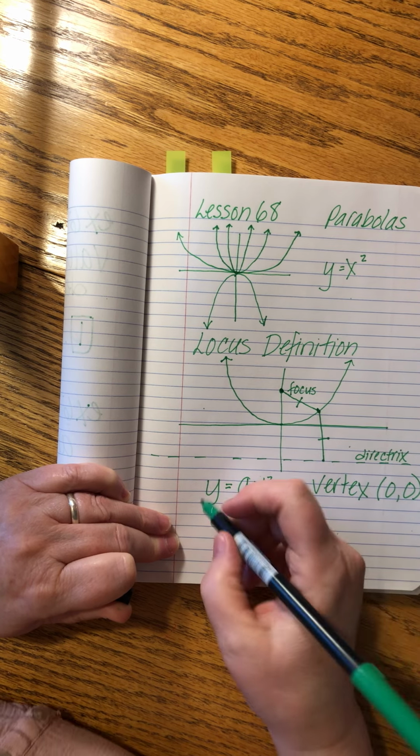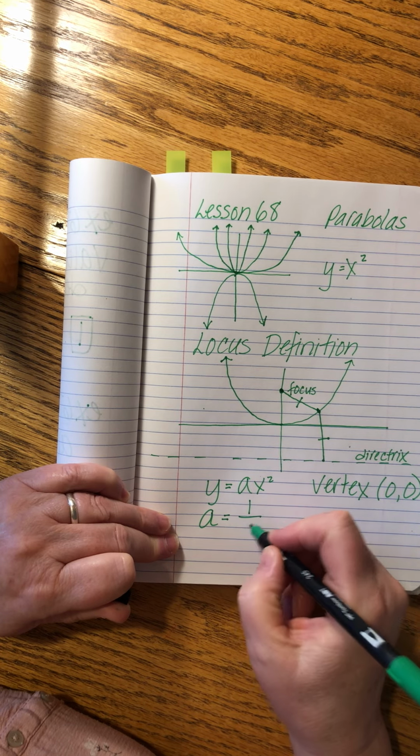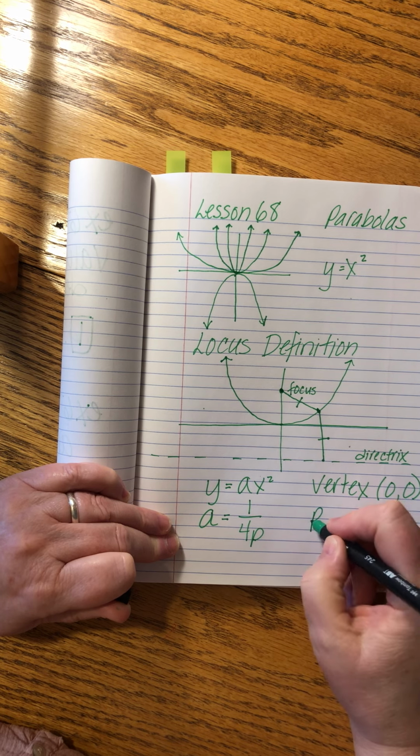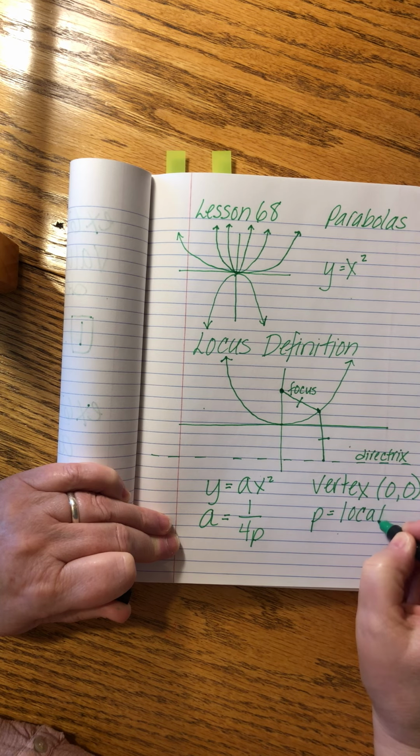This number A is equal to something we call 1 over 4p, and p equals the location of the focus.